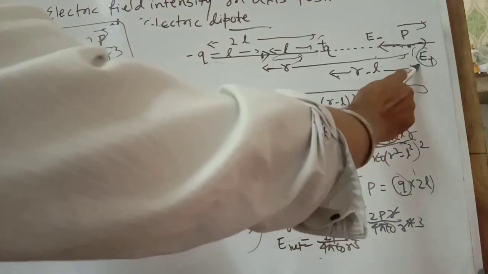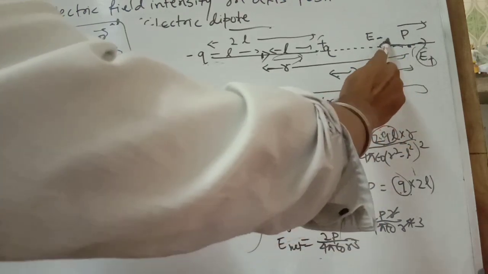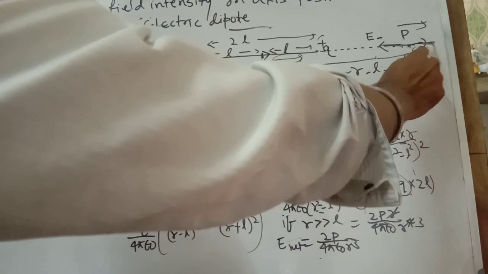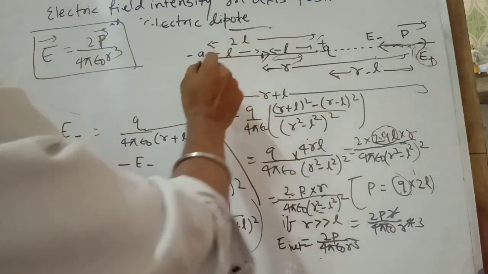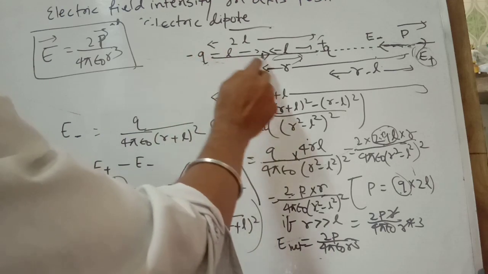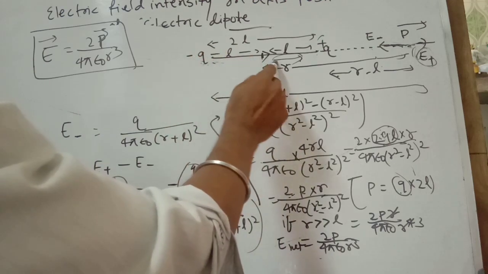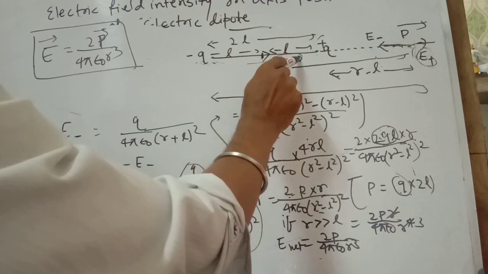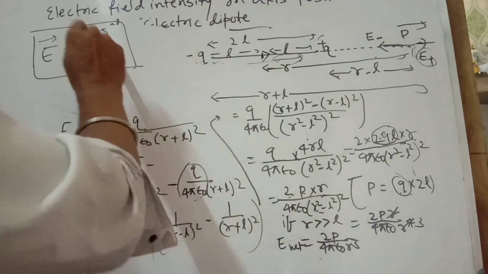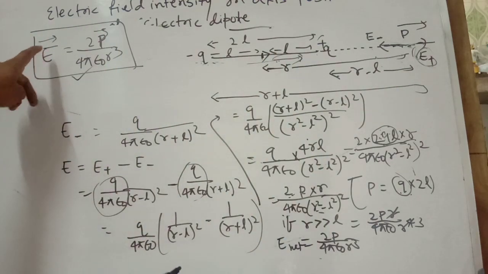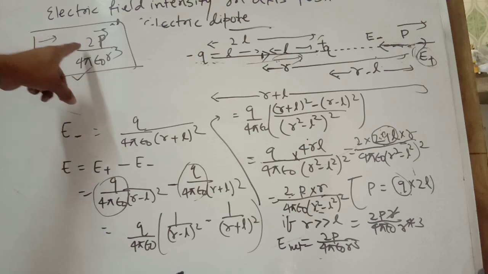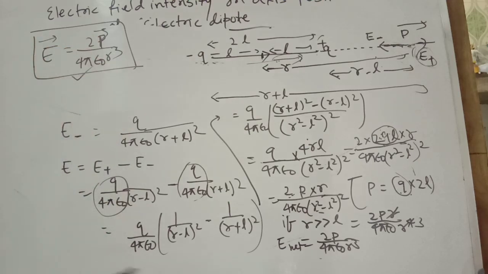So my assumption is true: E plus is greater than E minus, so the net direction is towards E plus, that means the electric field due to the positive charge. So we can write the net electric field in vector form equal to 2P over 4 pi epsilon naught R cube.